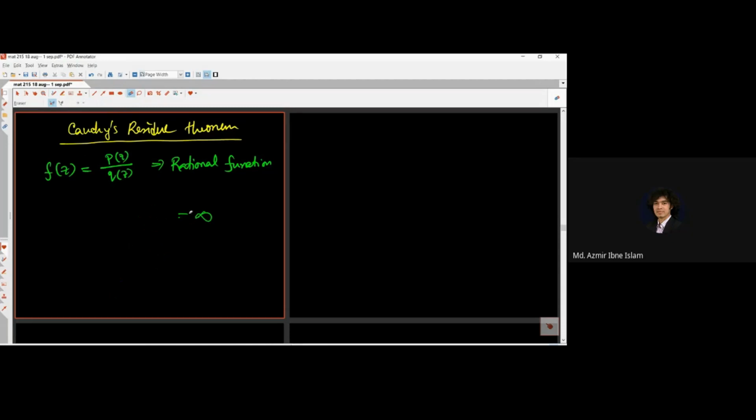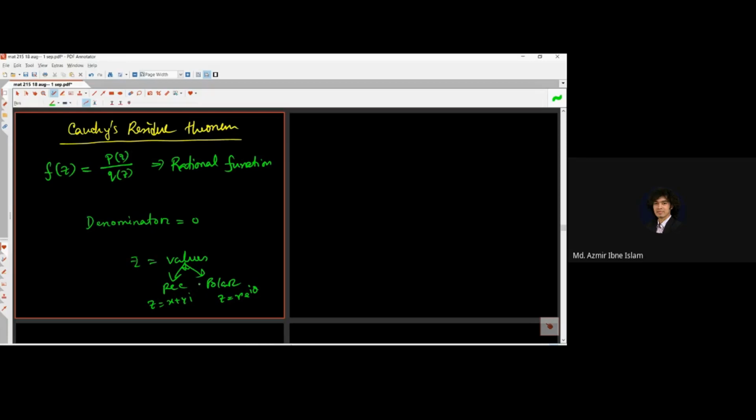Is that okay? So if we solve the denominator equal to 0, then we will get some values of z. These values will be complex numbers, maybe in rectangular form, maybe in polar form. You know that a complex number has two forms, rectangular and polar. Depending on the question pattern, we can find x plus yi equal to z, or z equal to r e to the power i theta.